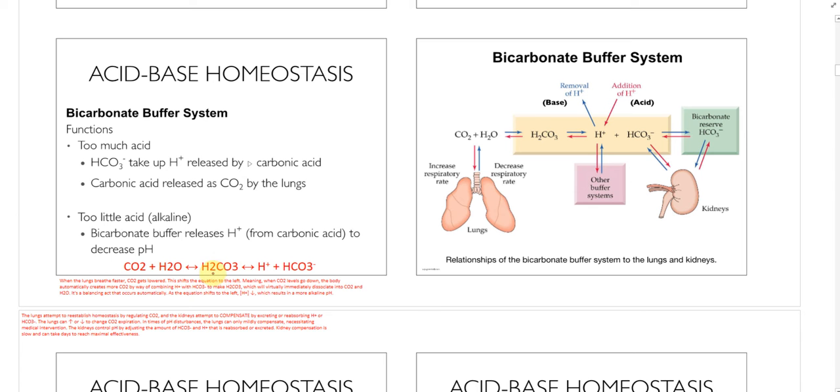So then carbonic acid is going to dissociate into hydrogen ions and bicarbonate, or HCO3. Whenever we have an acid-base imbalance, we can look at this equation and get a general idea of what's going on and what to expect.